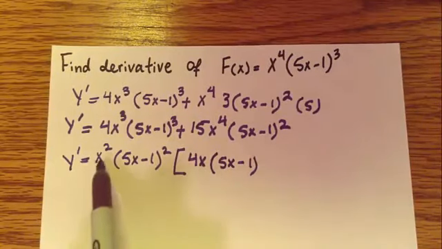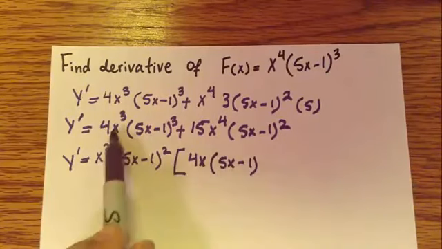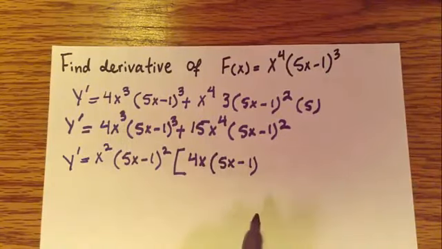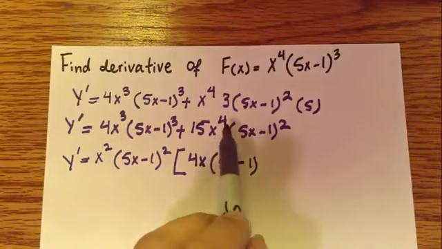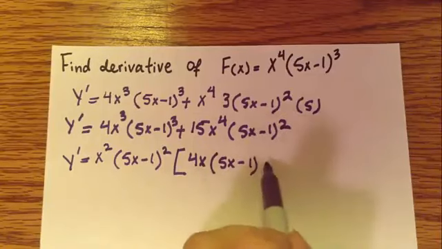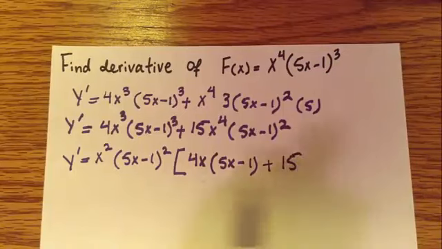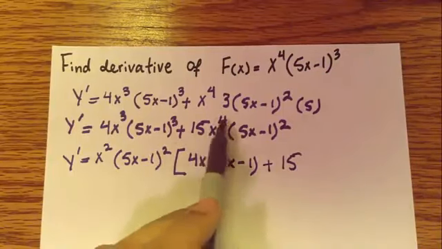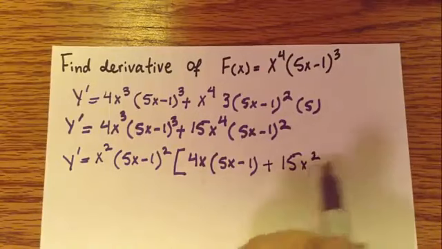Because if you distribute this part into 4x times (5x minus 1), you're going to get your first term. So for the second term, we have 15x to the fourth power times (5x minus 1) squared. So plus, I need 15, and then since this is x to the fourth power, I need 15x squared, and that's pretty much it.